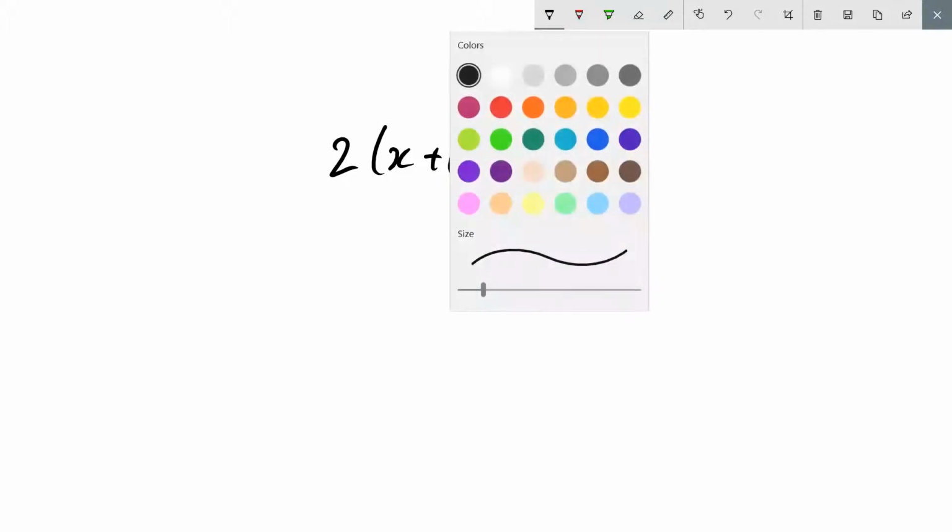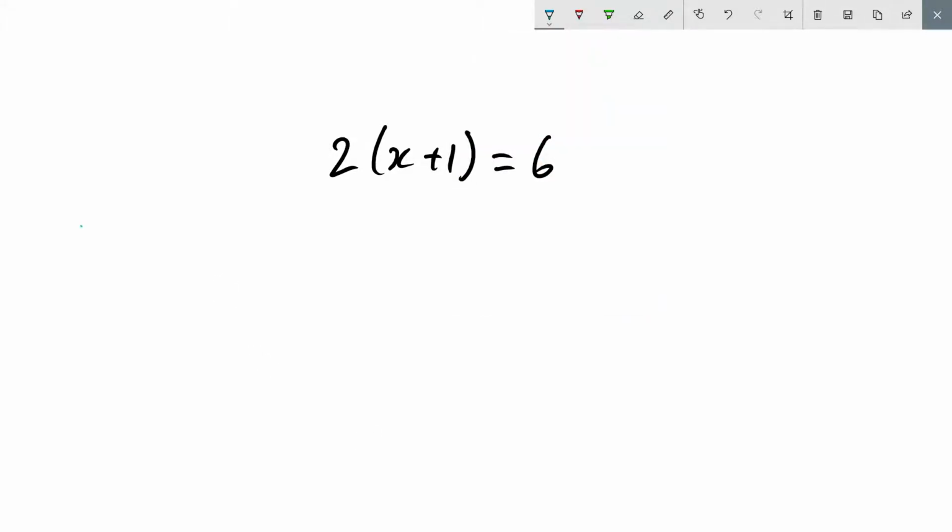We also have things like brackets. For example, 2 lots of (x plus 1) equals 6. Alright, so there's two ways that we can do this. We can expand here or we can just divide. So I'm going to do both. So let's expand first. So this will become 2x plus 2 equals 6.